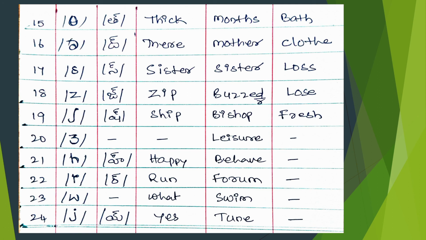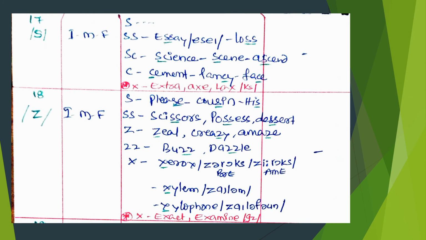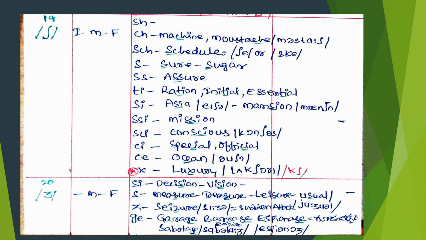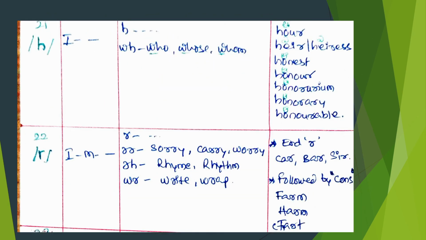Is there any example with this sound finally? No. Now let us see its spelling. Ha. It happens initially and medially, not finally. It is represented with H. In some words H is pronounced and in some words H is not pronounced.